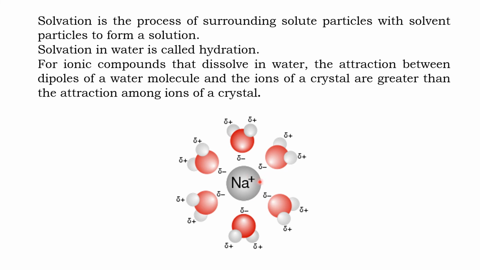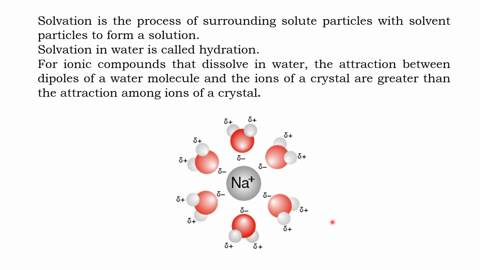Similarly, the Cl- ions are surrounded by the positively charged H+. So there will be a series of Na+ surrounded by O-, then Cl-, then again Na+. This is the solvated state.